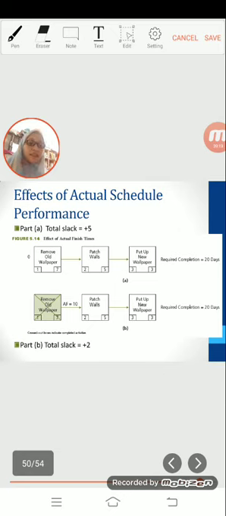This example illustrates how the actual finish times of activities have a ripple effect, altering the remaining activities' earliest start and finish times and the total slack. So I conclude here.